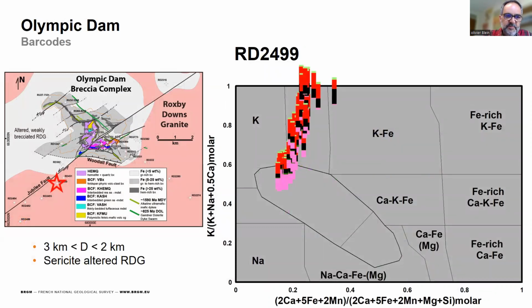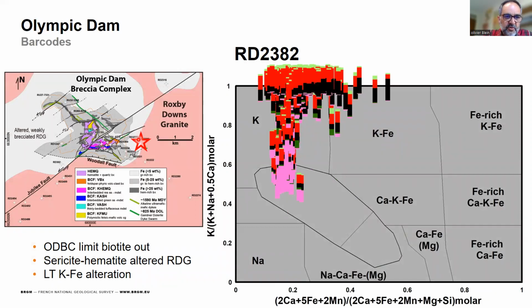In a borehole located between 2 to 3 kilometers from the Olympic Dam breccia complex, sericitization of granite produces a trend of decreasing sodium in pink and increasing potassium in red and iron in black.